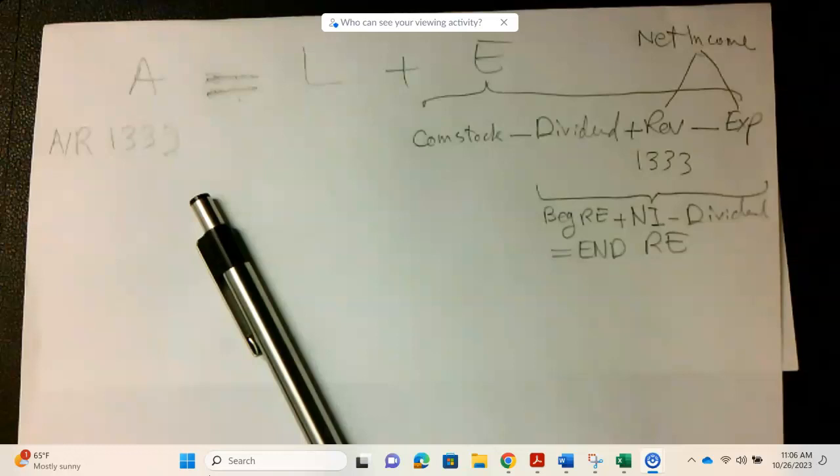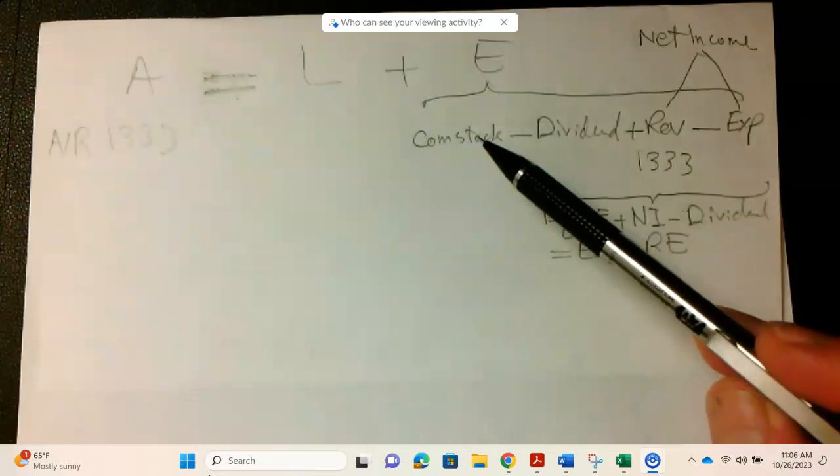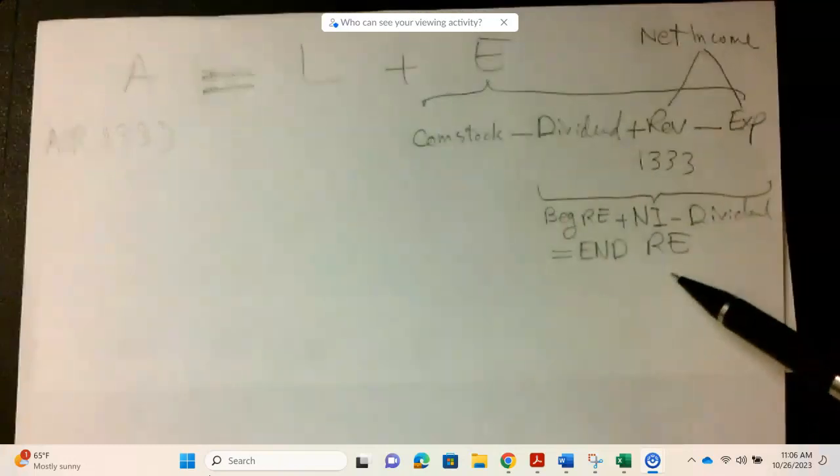The retained earning at the beginning is zero for any brand new corporation. But at the end of first year, you add the net income, you deduct any dividend that has been declared to shareholders. That gives you the end retained earning. So at the end, you have common stock and retained earning in the equity.